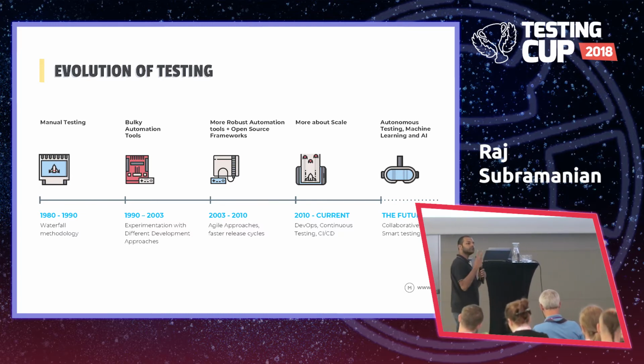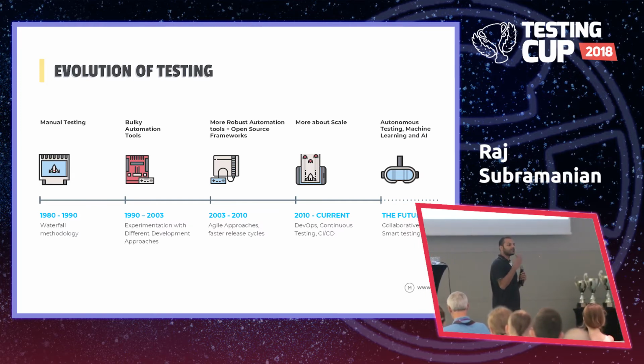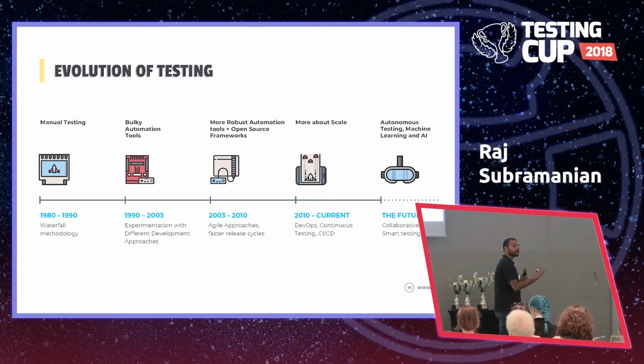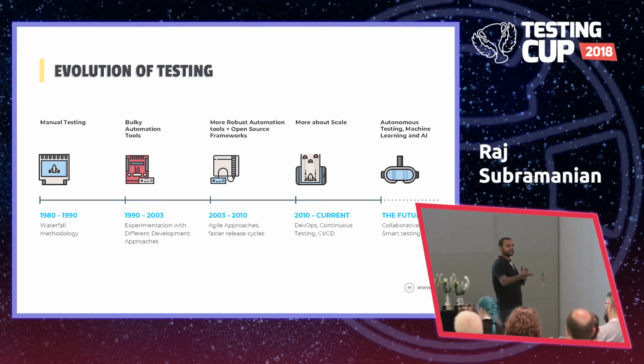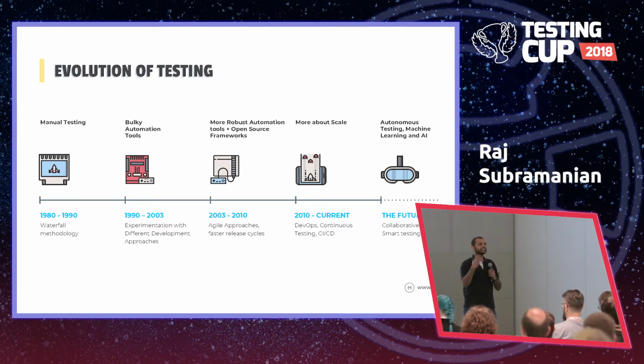Because of that, two things came up in this time period. One was crowd testing, where companies were giving their application to testers outside the organization so that they can use the application and give feedback before the end user actually gets their hands on it, right? Crowd testing. That's one thing which came up in this time period.